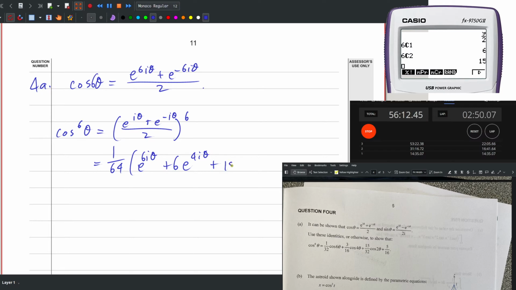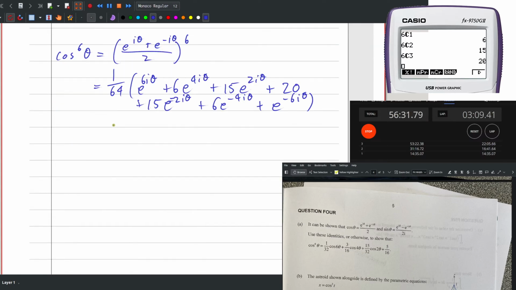Yeah, so that's 15, 15 e to the 2I theta, and then 6C3, that's 20, plus 15 e to the negative 2I theta plus 6 e to the negative 4I theta plus e to the negative 6I theta. Alright, easy dubs. And then you just expand it, right?